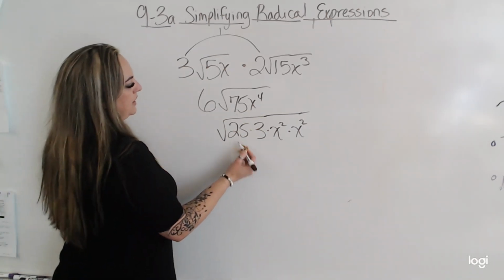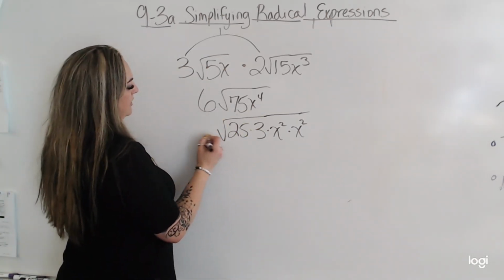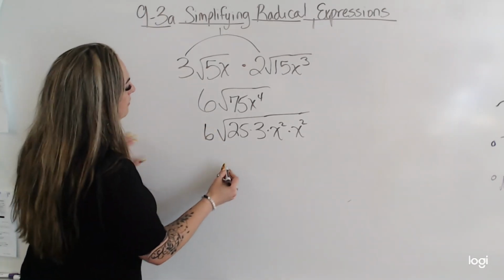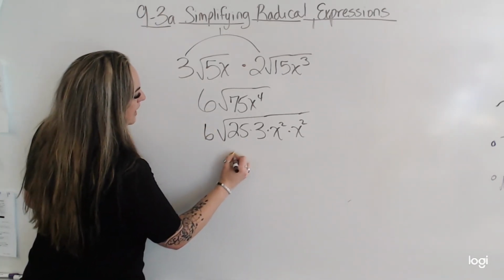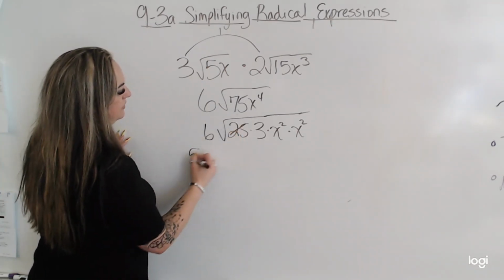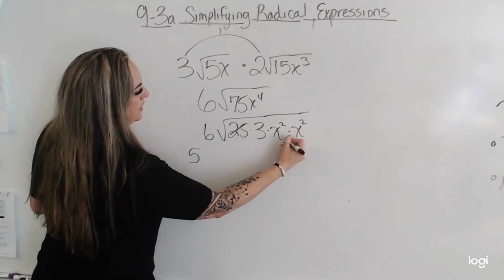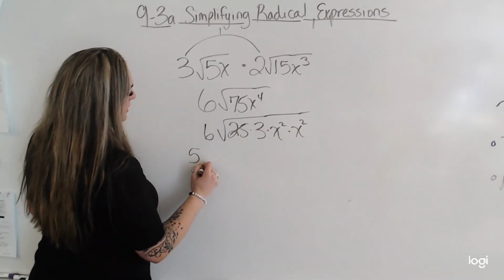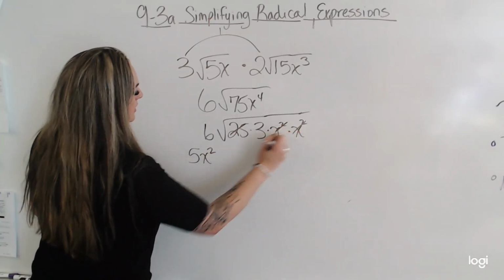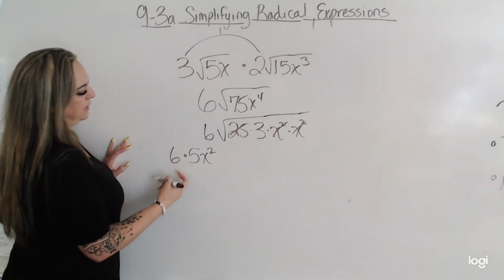So now I'm going to factor more out. I still have this 6. Okay? So now I'm going to have a 5. Square root of 25 is 5. Square root of x squared times x squared is x squared. So we get 5x squared. And then that's being multiplied times 6.